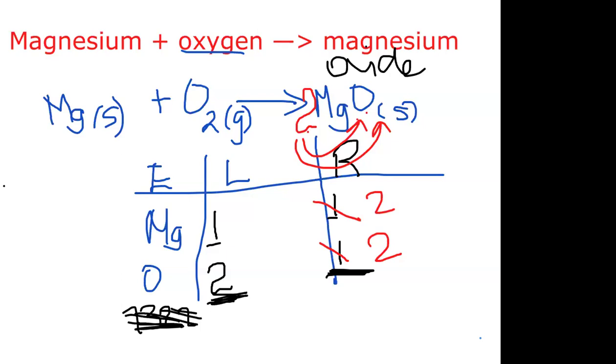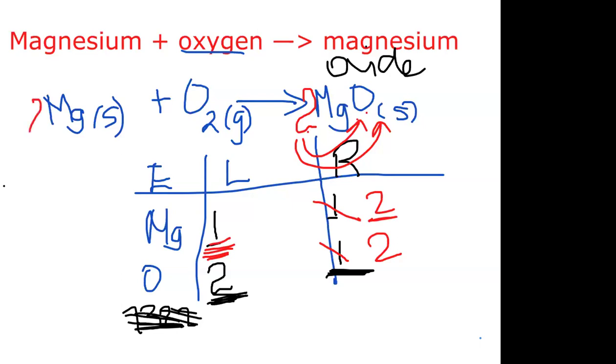So we have 2 times magnesium, 2 times 1 gives us 2 magnesium, 2 times 1 oxygen gives us 2. So now my magnesium is no longer balanced. Are we seeing that? So what number multiplied by 1 gives me 2? Somebody type the number in the chat.